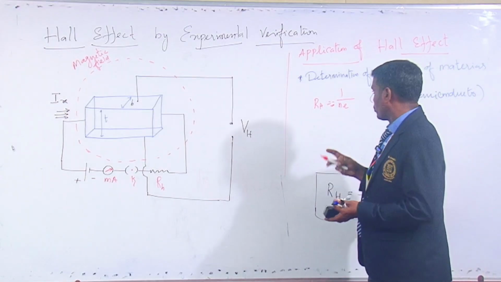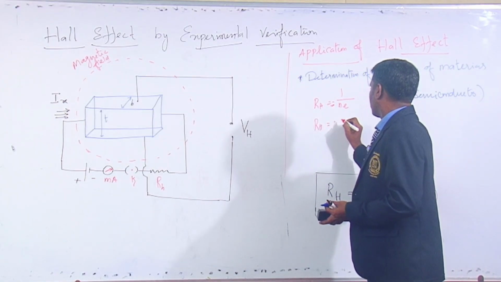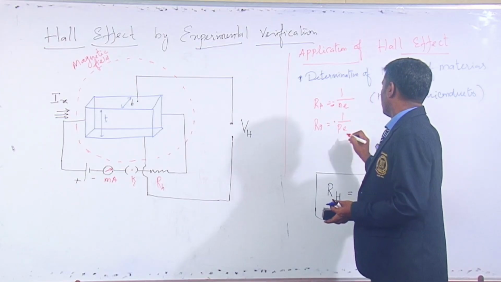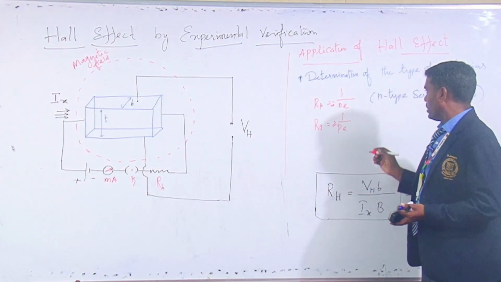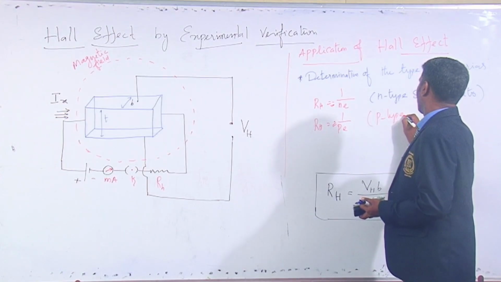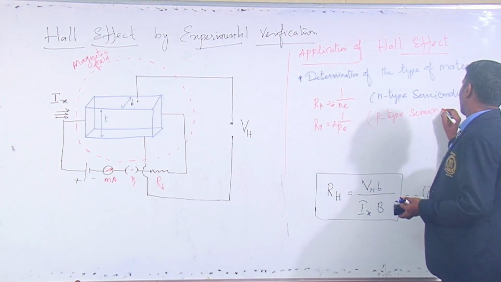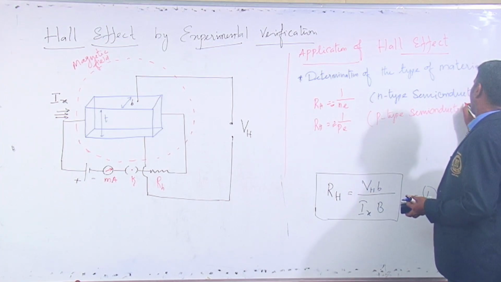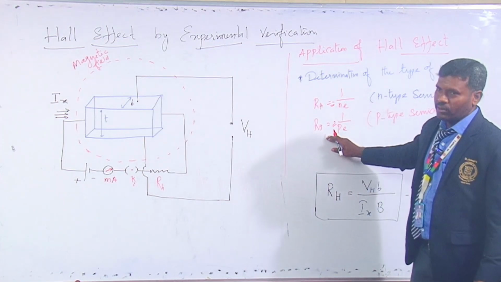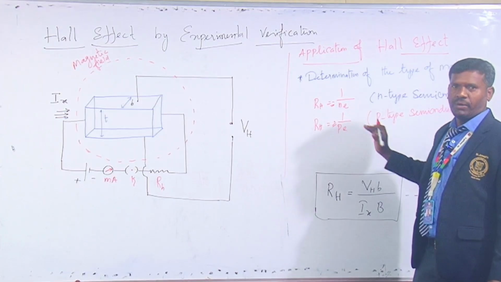Then RH is equal to plus 1 by Pe, where the positive sign indicates a P type semiconductor. Based on the sign, we classify the materials as N type or P type.